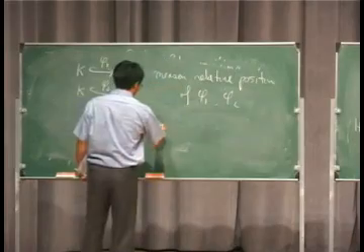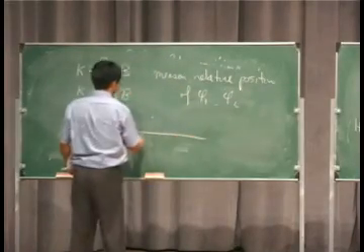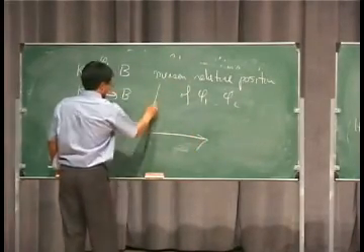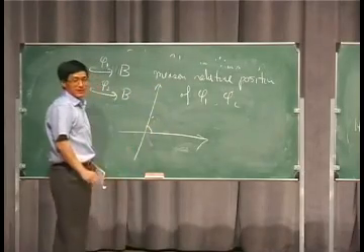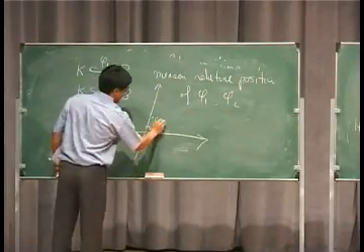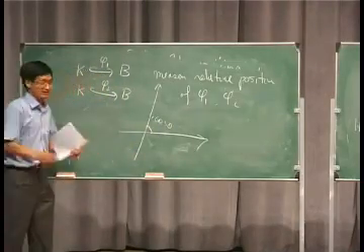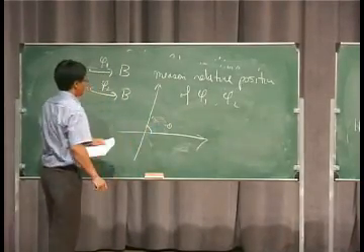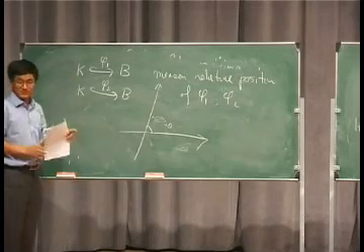Of course, if it is in the real plane, what do you do? You have one line, you have a second line. Now, of course, you have an angle. You try to find a cosine theta or whatever.